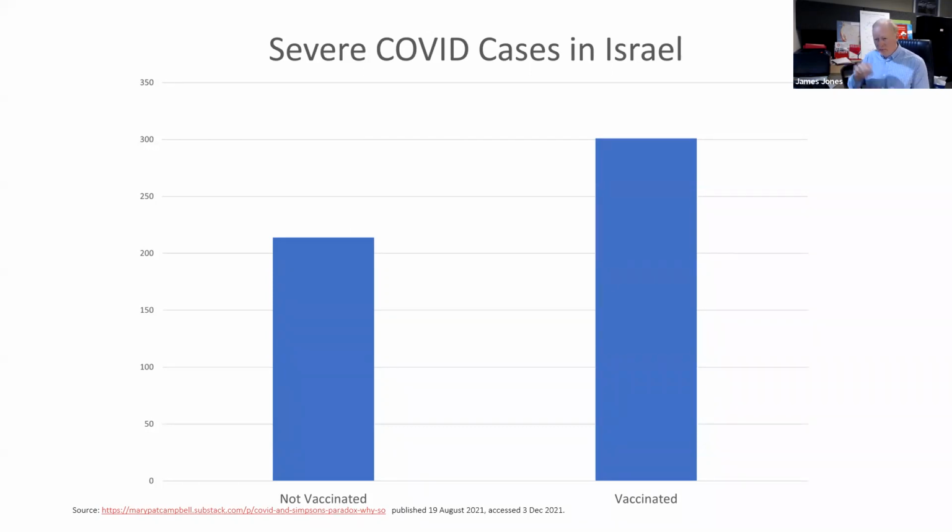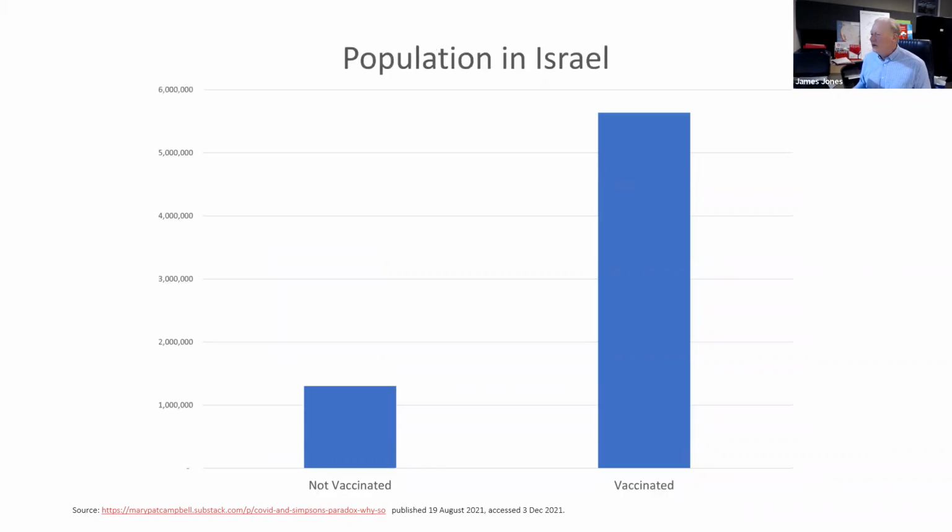This number is absolute, it isn't a rate, so that should be a clue right there, right? This is the absolute number of severe cases. So what do you think's missing from that? You probably ought to get this one with just a little critical thinking. Yes, a lot more people are vaccinated than people who are not vaccinated.